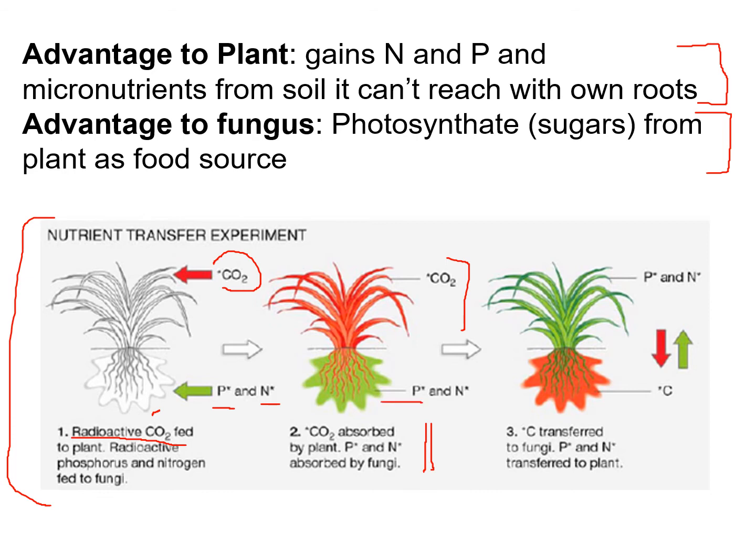And then over a period of time, as these two partners exchange nutrients with each other, we get the radioactively labeled phosphorus and nitrogen appearing in the leaves of the plant as it's being transferred through the root tissue up through the xylem and to the leaves. At the same time, the fungus is also gaining that radioactively labeled carbon that's coming from the plant leaf tissue, comes down through the roots, and is then passed to the fungal partners.